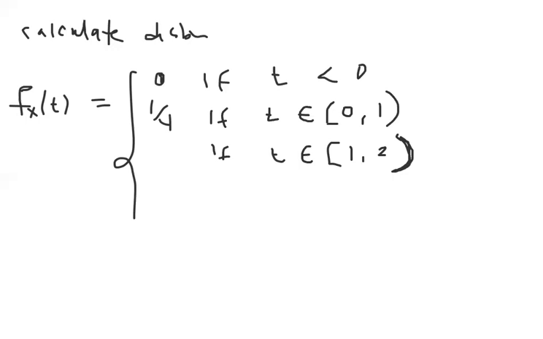So when you add up 1 over 4 plus 2 over 4, it becomes 3 over 4. And the next one becomes, if t belongs to 2 with infinity not inclusive, the same as 2 is less than or equal to t, and t is less than infinity.